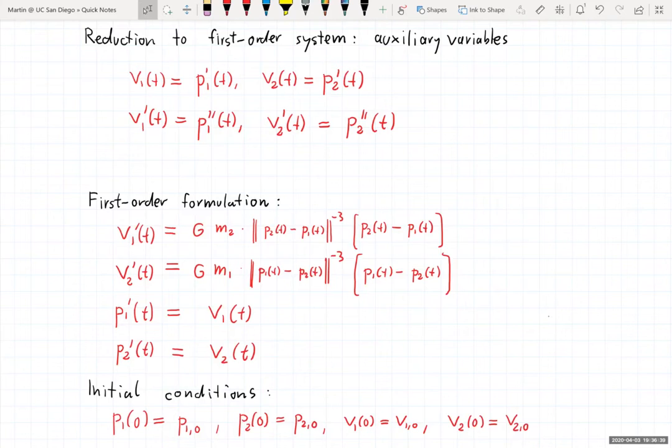And then we also need to explicitly state that the velocity variable and the position variable are coupled. So we add the following two equations, namely p1 prime of t is equal v1 of t, and p2 prime of t is equal v2 of t.